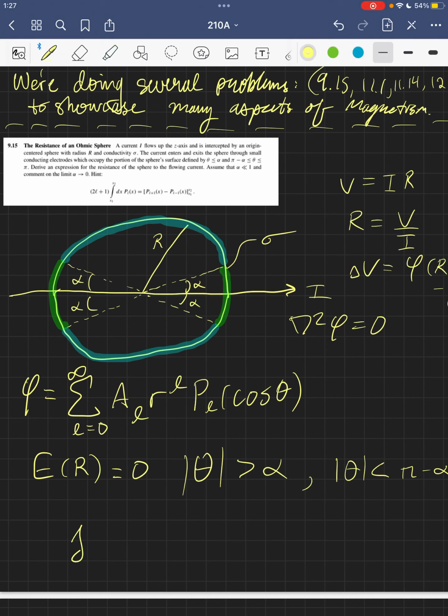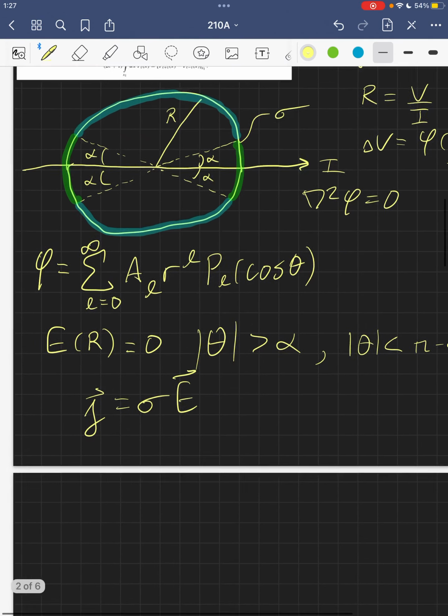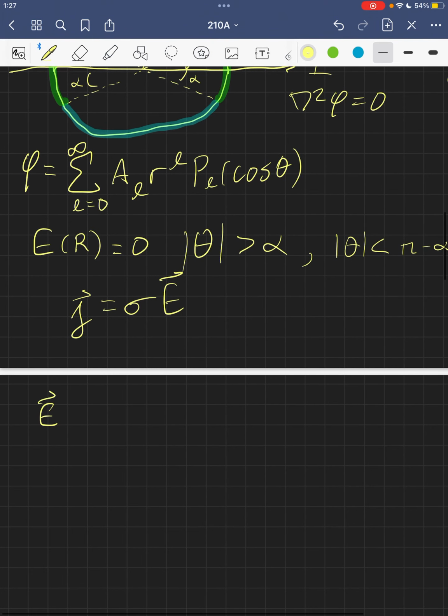So the current is the conductivity times the electric field. So we know that's a boundary condition, right? So we can find the electric field. The electric field is negative gradient of the potential. And we're going to leave the potential as our expansion for right now.